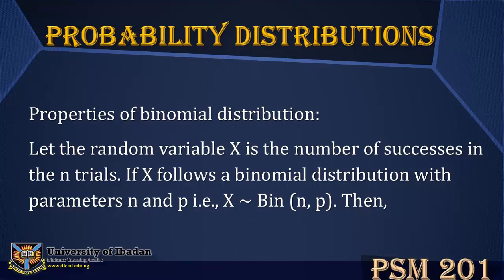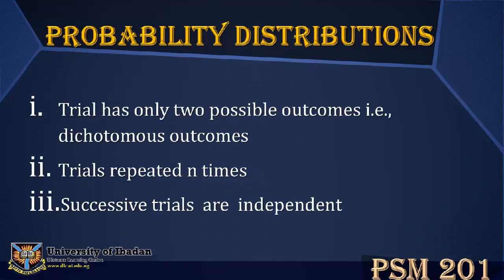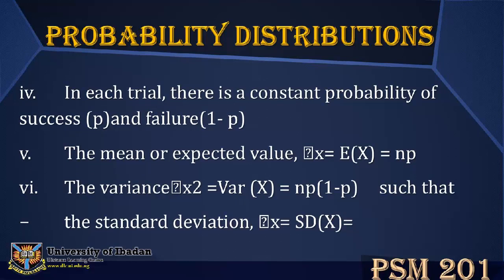If X follows a binomial distribution with parameters n and p, that is, X approximately B(n, p), then each trial has only two possible outcomes, that is, a dichotomous outcome; the trial is repeated n times; successive trials are independent; in each trial, there is a constant probability of success p and failure 1 minus p. The mean or expected value, the variance, and the standard deviation follow.